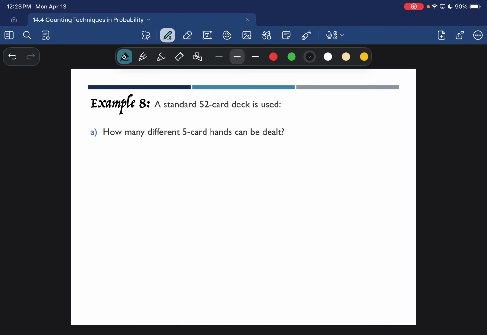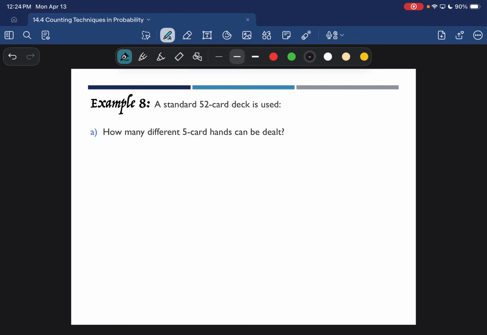So think about what happens in a card game. Somebody deals the cards, and what's the first thing you typically do in a card game once you get your cards? You look at them, and then what? You organize them some way, right? So you've got this hand of cards, and the first thing you do is you move them around. True?